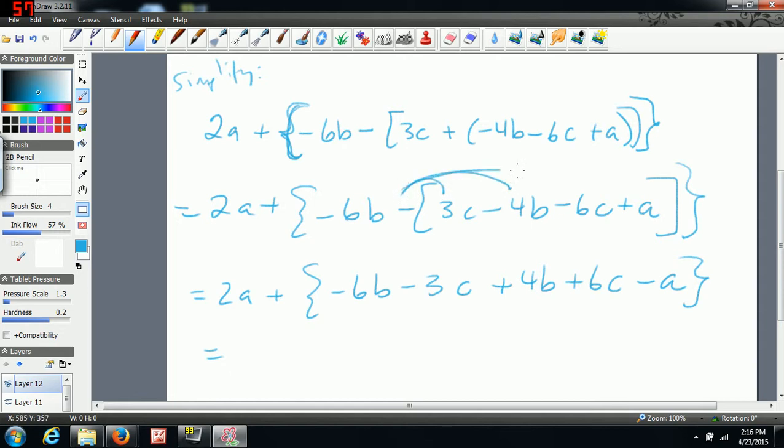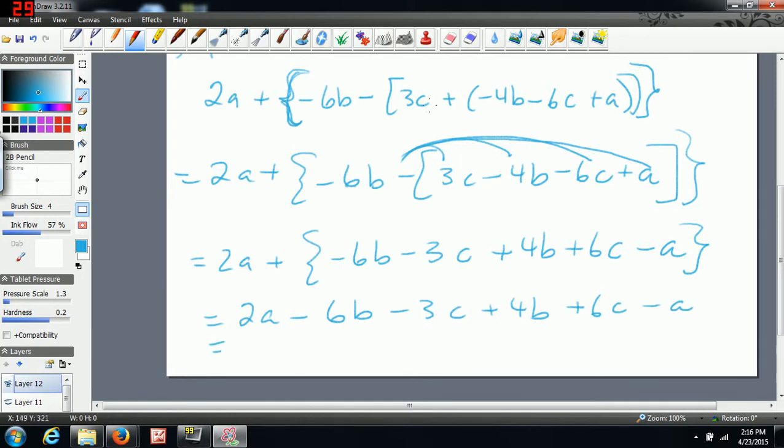Okay, so that negative came in here, here, here, and here. Okay, so now we're going to open up these brackets, and because there's a plus in front, everything just stays the same. So positive and negative is negative 6b, positive and negative, negative 3c, positive is 4b, positive is 6c, and then positive and negative is negative a.